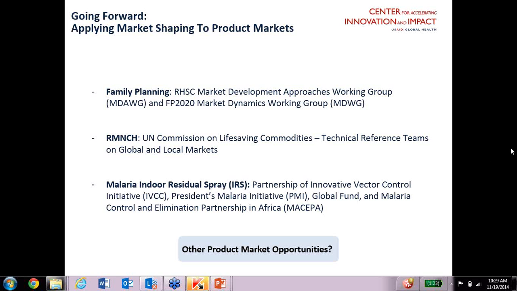And often what is least understood is the for-profit commercial sector, which is really what market shaping is focused more on. Is how do we engage those for-profit commercial suppliers who are already supplying, and how do we invite new ones in if we want to diversify the supply base. So I think they're closely linked. The total market approach also looks at other aspects of product delivery and introduction that may not be as much a focus of market shaping itself.